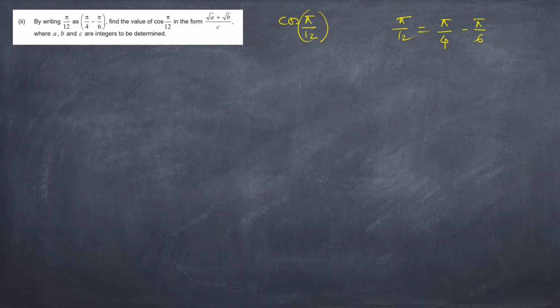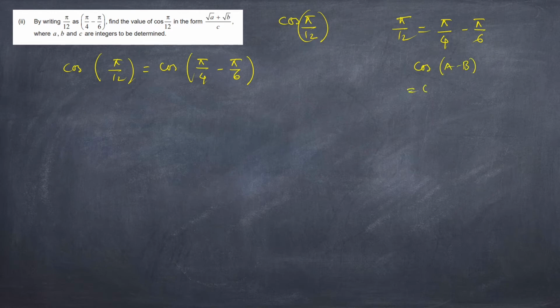So ultimately we can write cos pi by 12 equals cos of pi by 4 minus pi by 6, and we know the formula of cos a minus b, that is cos a cos b plus sin a sin b. Obviously you need to remember all the formulas to get a good mark in your examination.